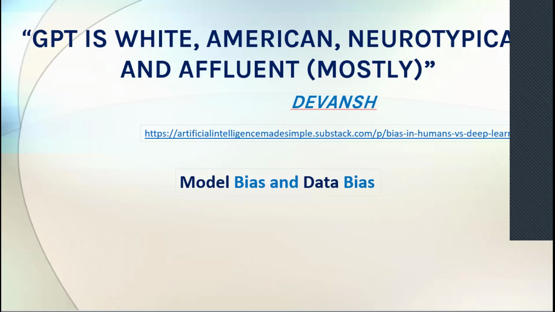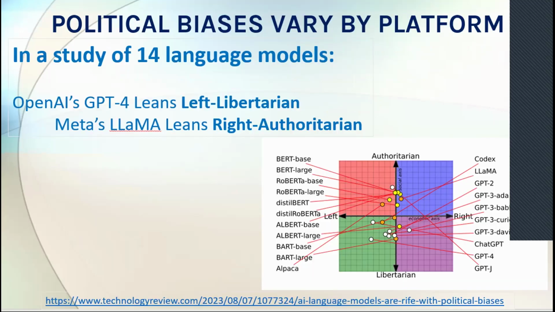So what did I say? This is a cool quote. A gentleman from India, Devansh, said, GPT is white, American, neurotypical, and mostly affluent. And I saw that quote and I said, yeah, you know what? Thinking about the biases, no wonder there are biases. And there's a URL link to that as well. And finally, political biases.